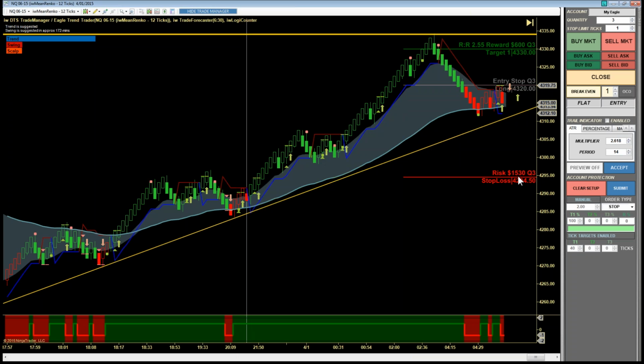Like, look at the risk on this: for 3 contracts, $1,500, when I know that I can only risk about $450. That's what I could afford to lose. But if you get tagged on a trade like this, it's not going to take long before you damage your account to the point where you can't trade any longer.